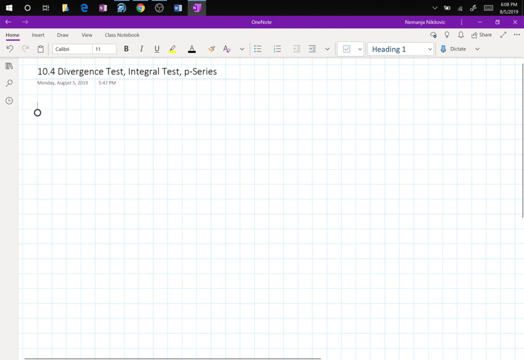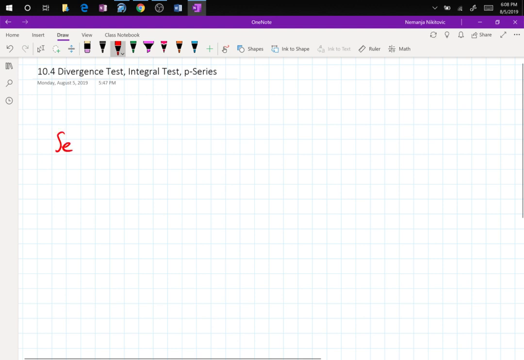Just to backtrack a tiny bit to review what we had so far. A sequence is an ordered list of numbers.